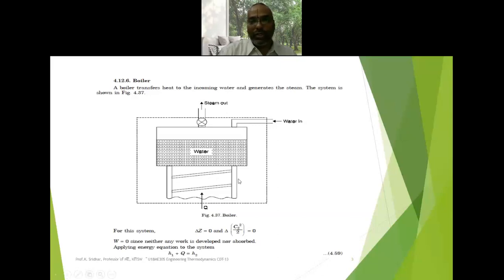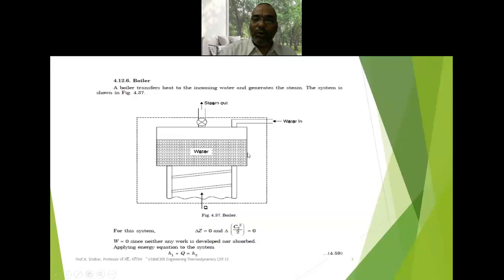Whenever we are dealing with the steam boiler, we are assuming that there are no changes in the kinetic energy as well as in the potential energy. Since the changes in the potential energy and the kinetic energy are neglected, C2 square by 2 and C1 square by 2 are equivalent to 0. And similarly, delta Z, that is Z2 minus Z1, is also equivalent to 0.